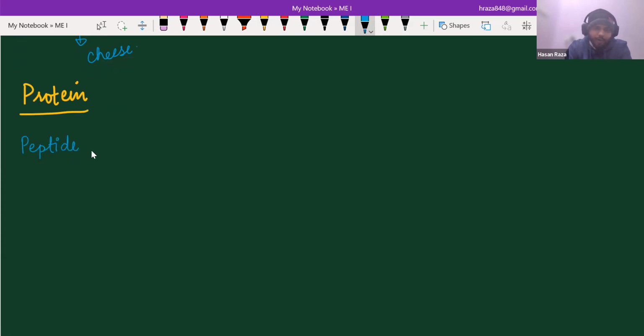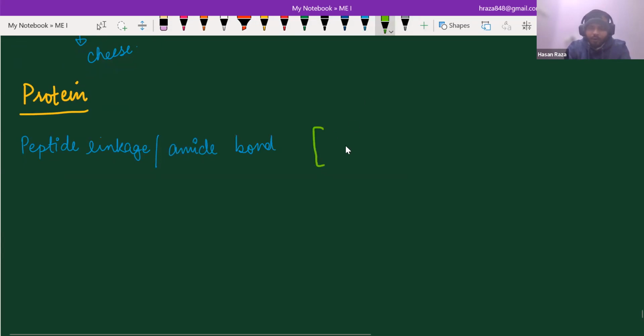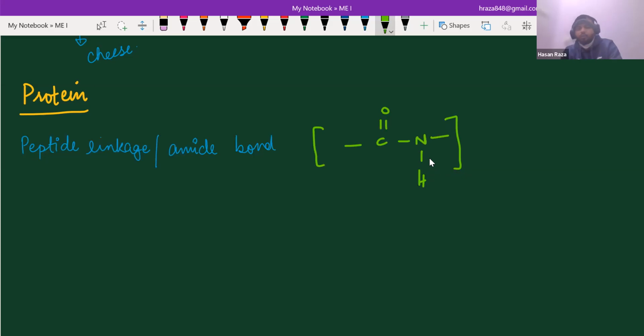study about peptide linkage, which is also known as amide bond. And how does peptide linkage look? So it is like this. First I'm going to give the definition, and then we will see an example.